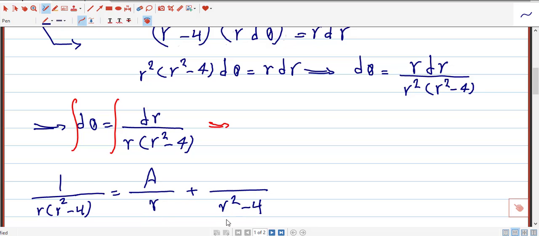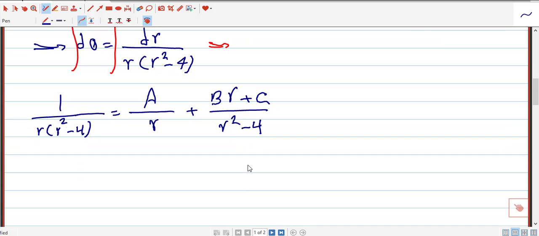If we have a quadratic factor, we write a linear term, such as b multiply r plus c. So I'm going to take the common denominator. So 1 equal to a multiply r squared minus 4 plus r multiply b multiply r plus c.